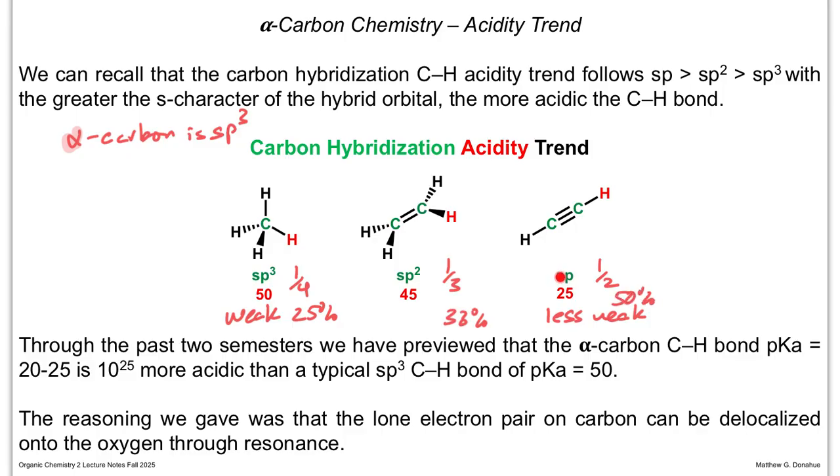Because an s orbital is spherical, it's closer to the nucleus, and that stabilizes the negative charge that's generated. So the carbonyl is special in that sense. It enhances the acidity of an sp3 CH bond.